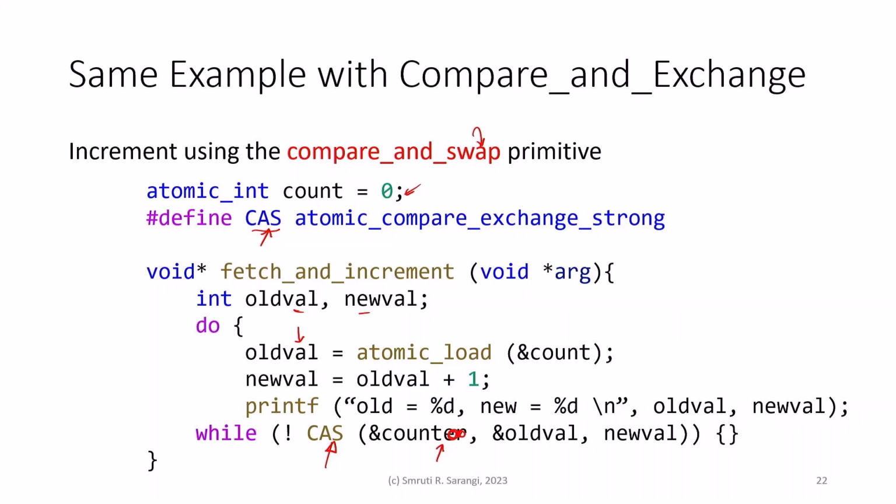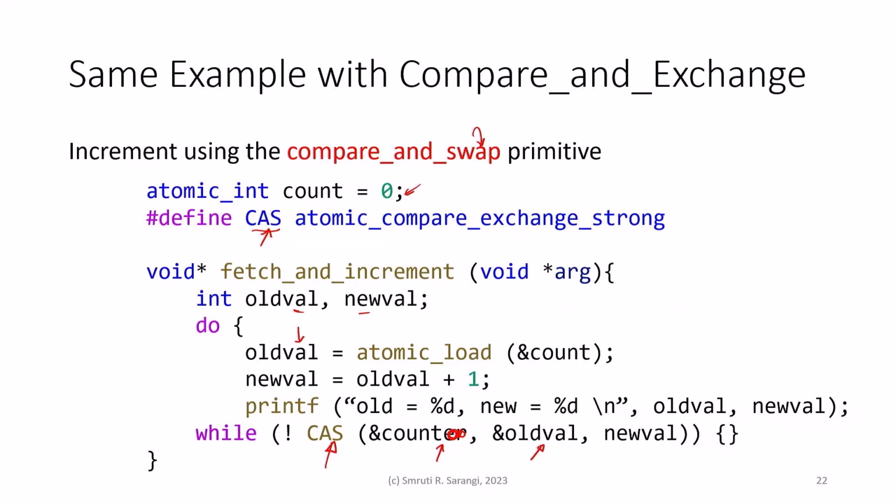So I provide it the address of the count variable. And then I give the address of the old value and the value of the new value. Why one is an address and one is a value, we can discuss later.